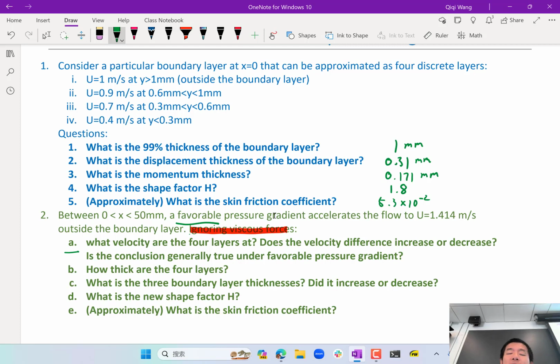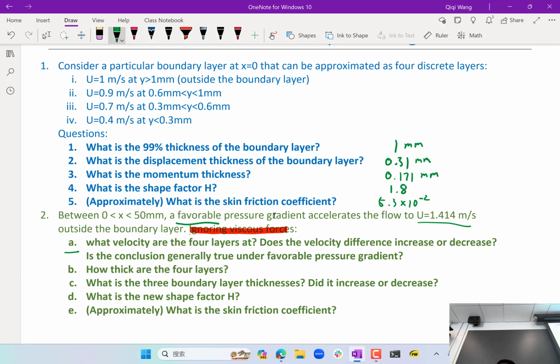Okay, so we know that the pressure gradient accelerates the flow to a higher velocity outside of the boundary layer. So what can we say about how much pressure difference there is? And what can we say about how the 4 layers within the boundary layer have increased in velocity? Any thoughts? What is Bernoulli's equation?